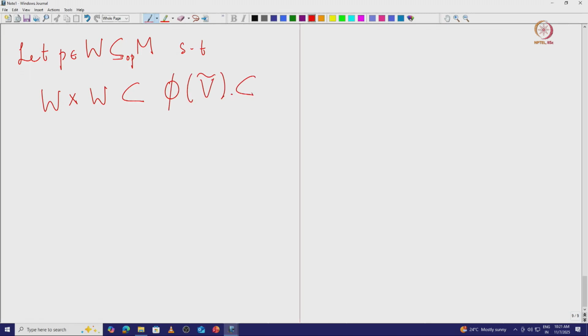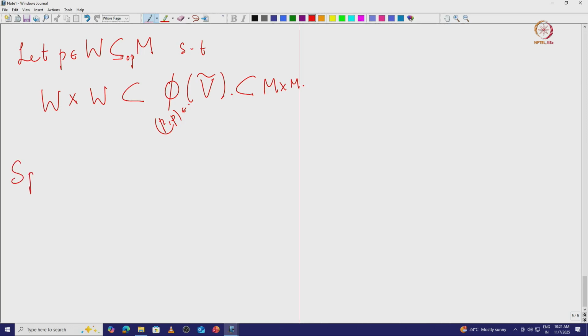So remember, the image of v tilde under this phi is a subset of M cross M, and just by the fact that product domains form a basis for the product topology on M cross M, we can always find such a w, because p comma p is a point here. Okay, so one can always find such a product domain contained completely inside phi of v tilde.